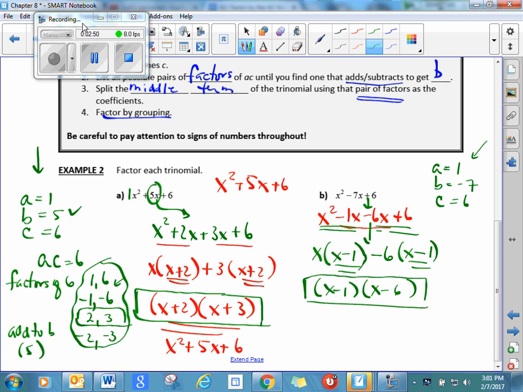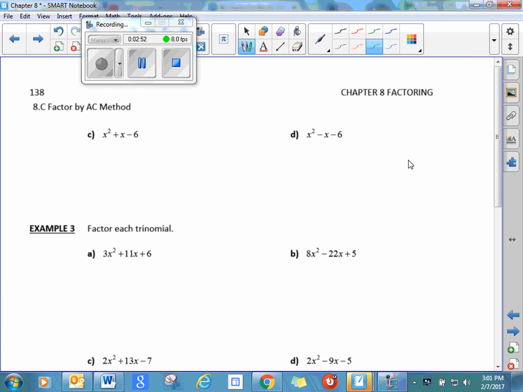Let's flip to the next page real quick and do another pair of examples. I'll identify A is 1, B is 1, and C is -6. And over here, of course, A is 1, B is -1, and C, again, is -6.